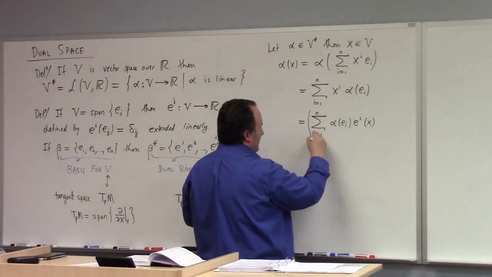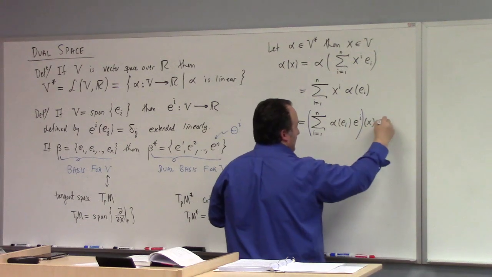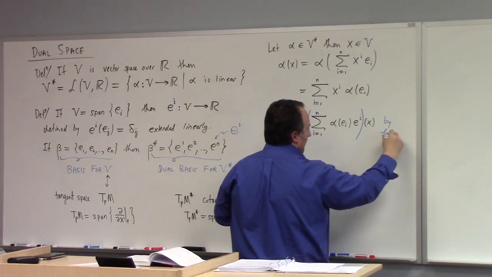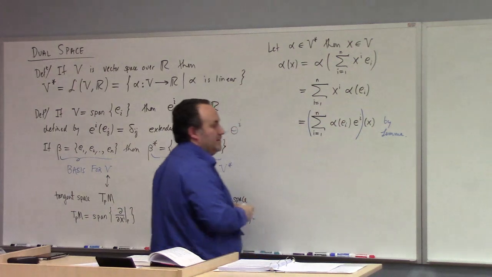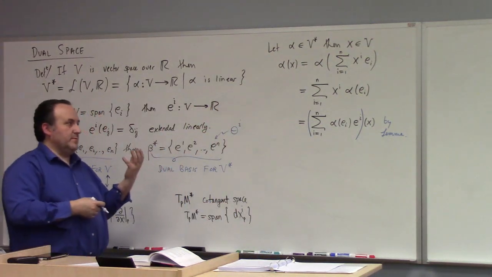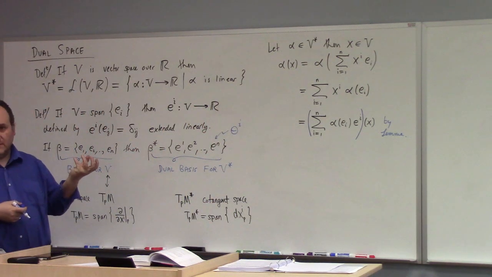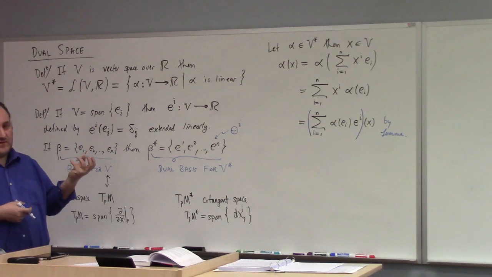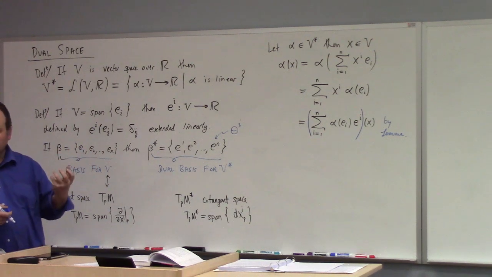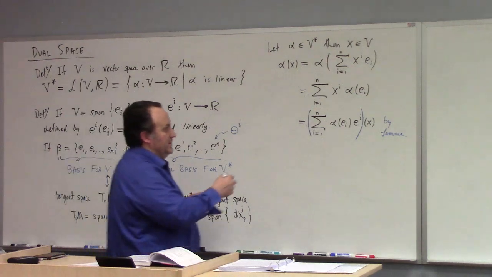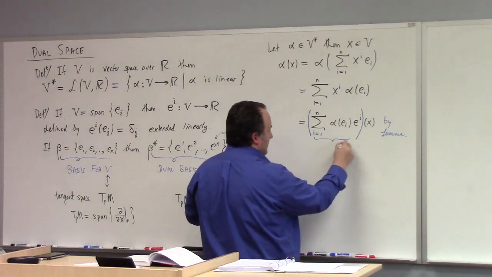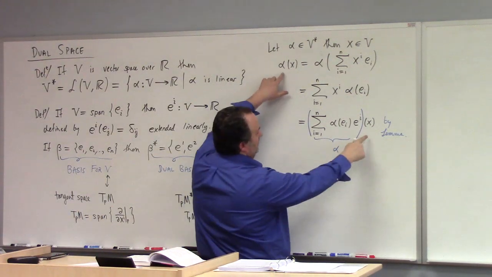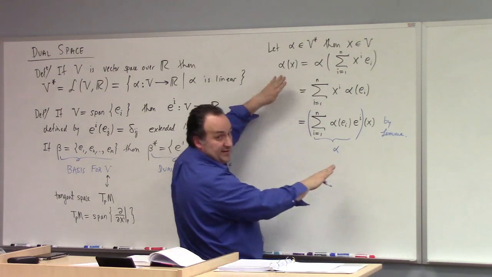So allow me a bit of time travel here. By lemma, what I put in the blue parentheses just now has to be alpha. See? This is apparently alpha, because this holds not for one x, but for all x.